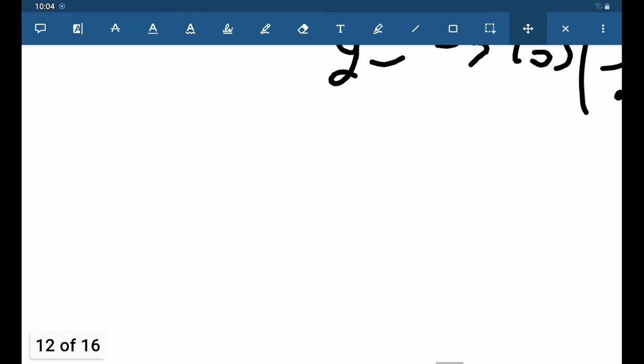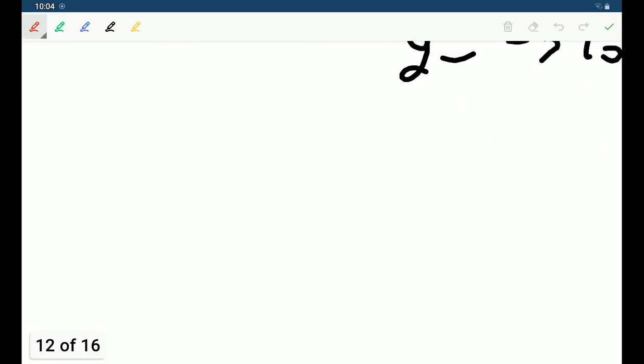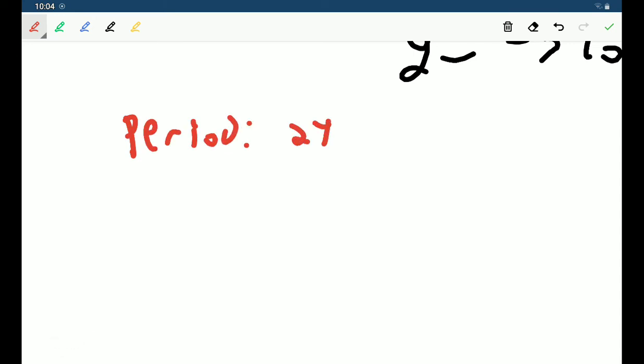And that's, of course, when we're calculating our period. The period then should be 2 pi divided by a half, which is the same thing as 2 pi multiplied by 2, or 4 pi. So our graph will be 2 times wider than a regular cosine graph.